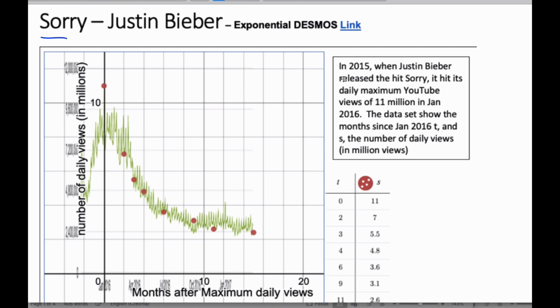In 2015, when Justin Bieber released his hit "Sorry," it hit a daily maximum of 11 million YouTube views per day, in January 2016. The data set shows the months since January 2016 as T, and the S-axis is the number of daily views in millions.